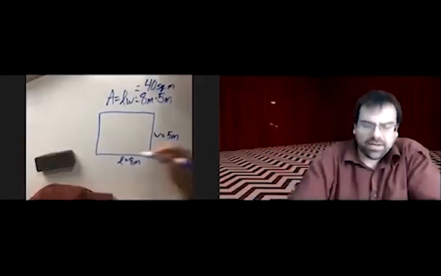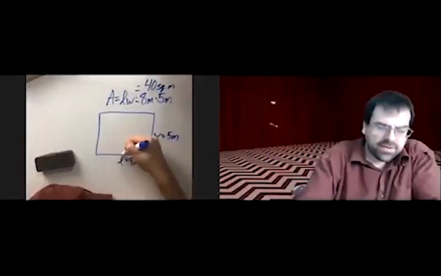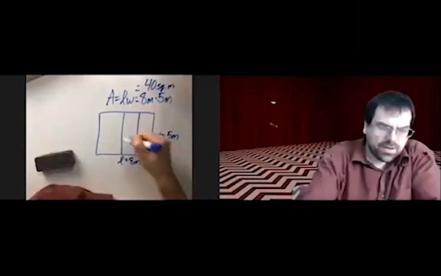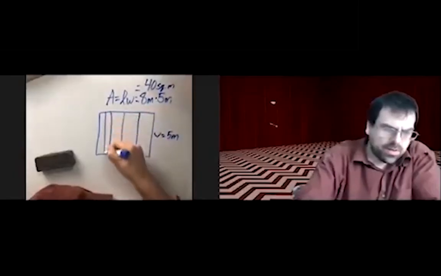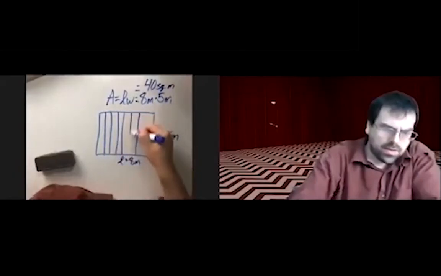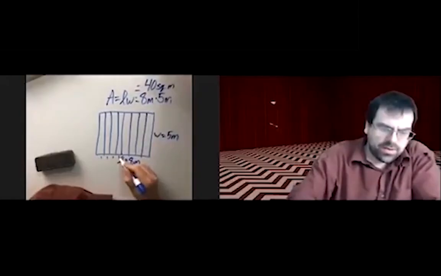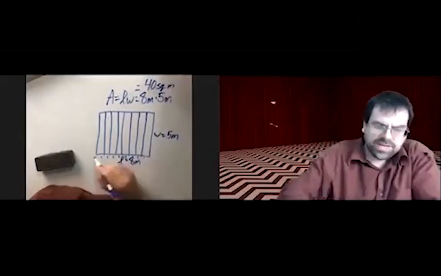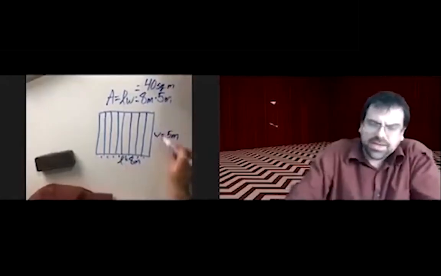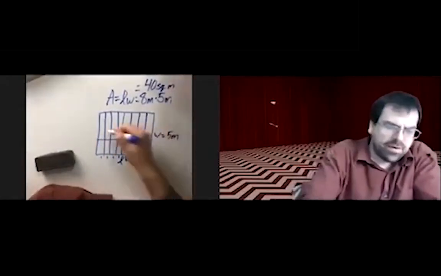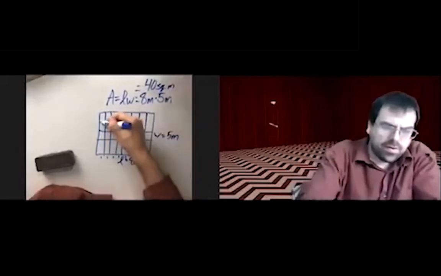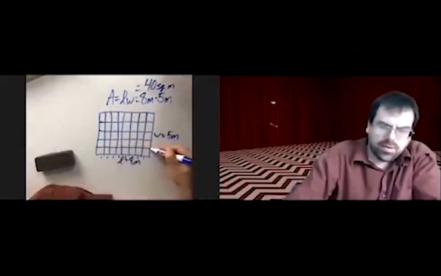What is area? Well, if the length is 8 meters, so each of these would be 1. So there's 8 meters this way. And this is 5. Each of these is 1.